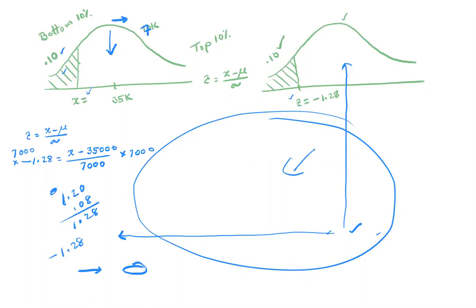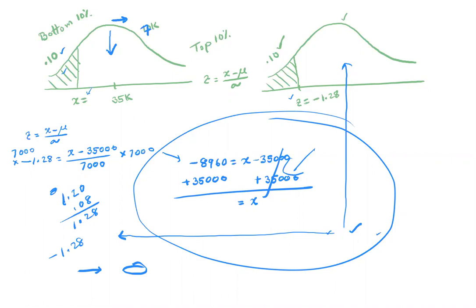So negative 8960 is equal to x minus 35,000. Now if I add 35,000, these two are going to cancel out, and we get x.